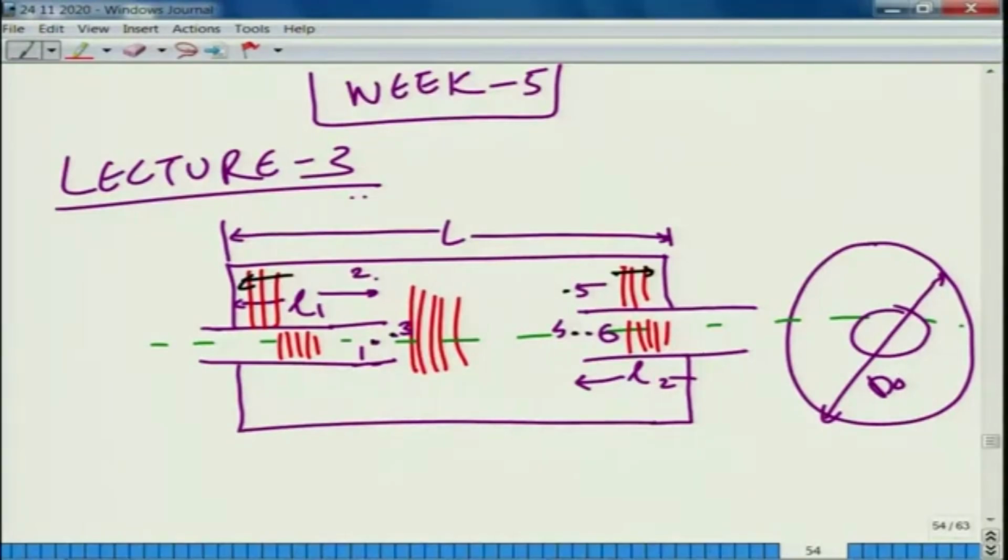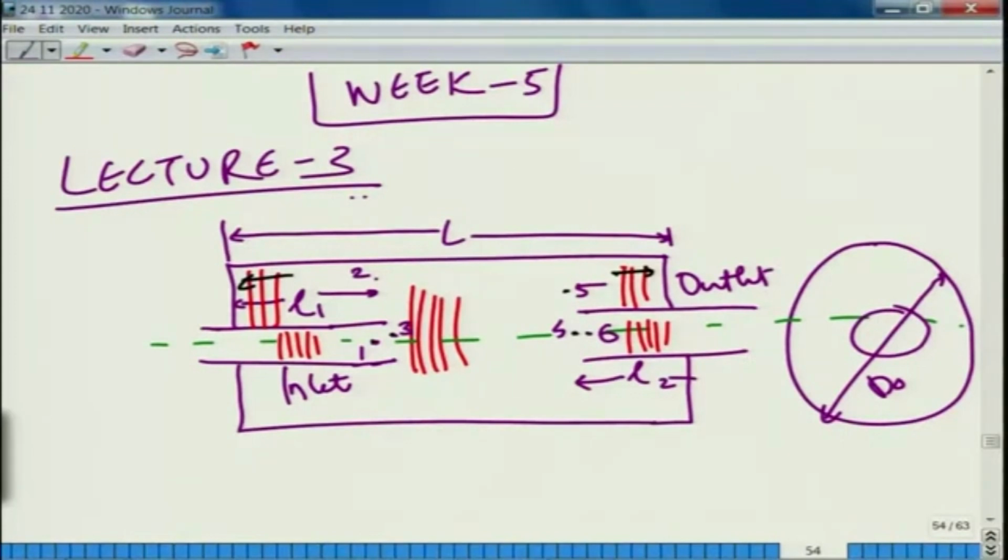So, we will consider the system. Point 1 is just on the upstream of the inlet pipe. Just one thing I want to tell you here, that the inlet and outlet pipes are of equal diameters.